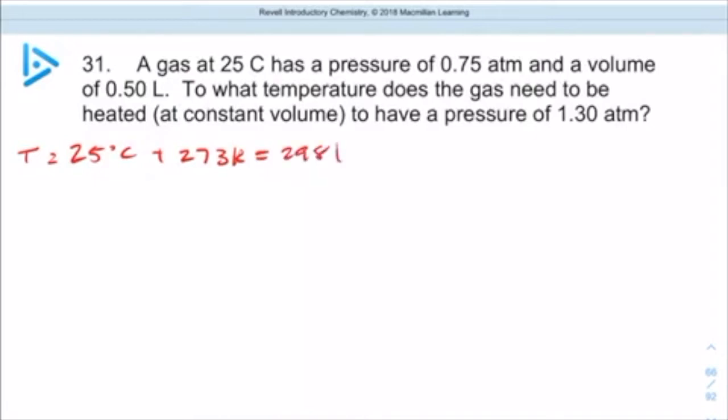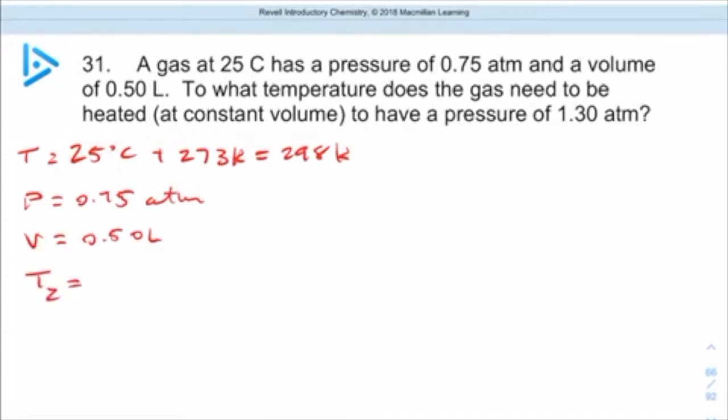That makes it 298 Kelvin, at a pressure of 0.75 atmospheres and a volume of 0.5 liters. To what temperature does the gas need to be heated to have a pressure of 1.3 atmospheres?